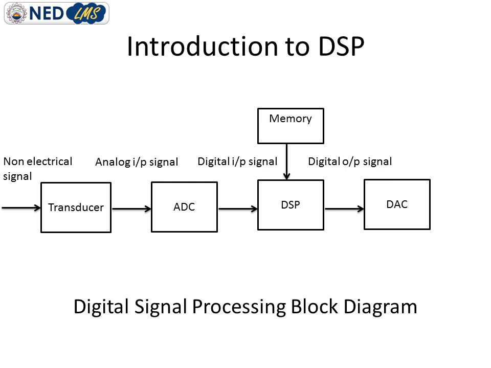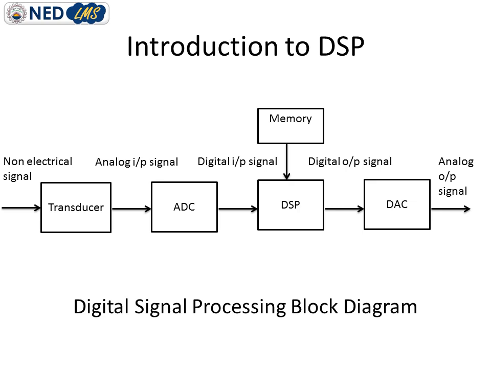Summarizing this block diagram, we have a non-electrical signal which is converted into electrical compatible form with the help of this transducer, and the output of the transducer is an analog signal, and this analog signal is passed through the analog to digital converter block, and this block converts the analog signal into digital form, and this digital signal is applied to the input of a digital signal processor, and this DSP block is linked with the memory block, and this memory block holds all the algorithms which need to be performed on this input signal.